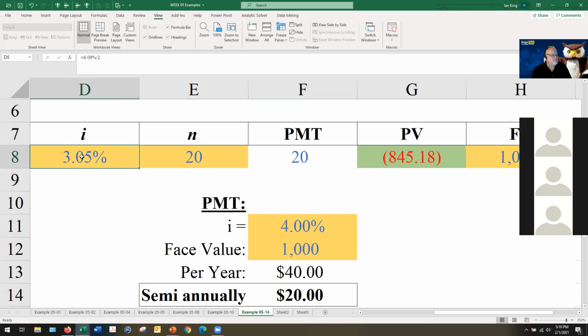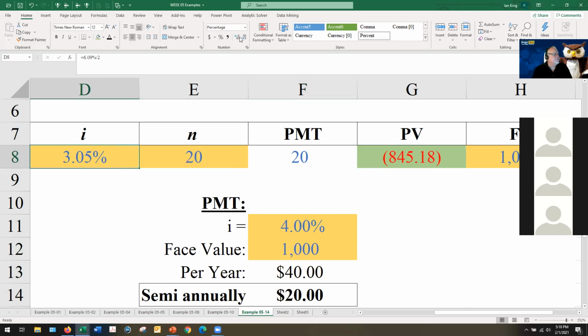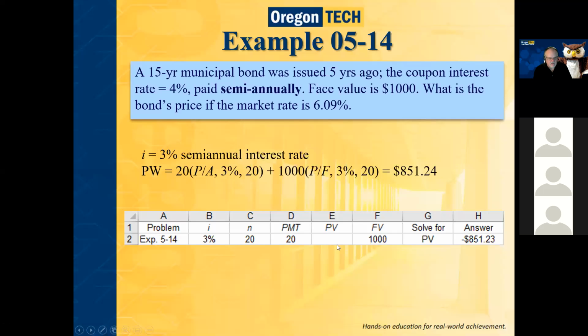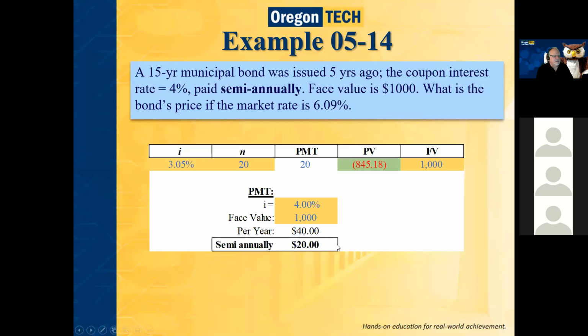At 3.05, which is really 3.045. The book cheats and just says, oh, close enough, 3% is half of 6.09. But I did mine exactly. It gives the present value of that. So let me bounce around to get my value. And that's where we get into the bond price, what you would pay.